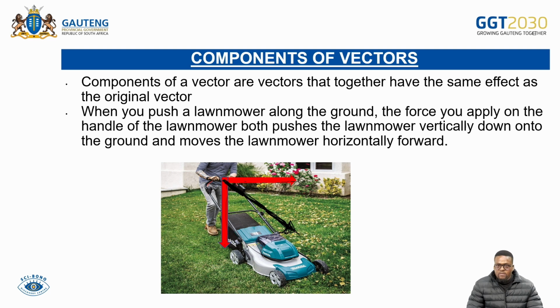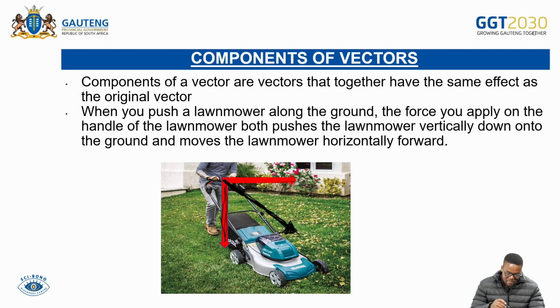So components of vectors are vectors that together have the same effect as the original vector. This here is your original vector, the one that I've just drawn, and then it has two components, a vertical component and a horizontal component.